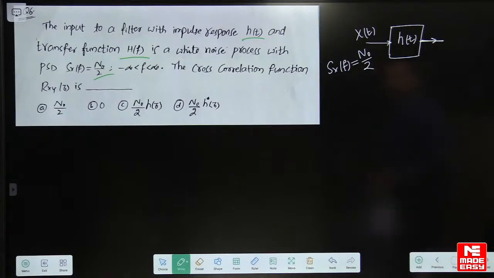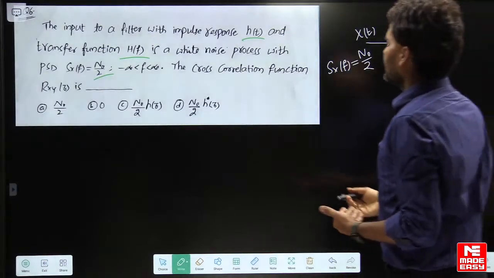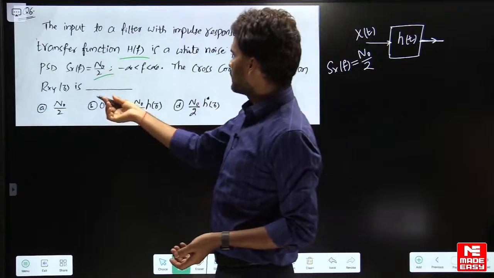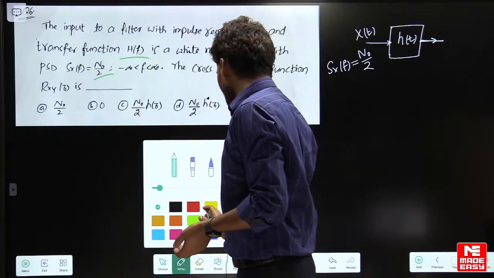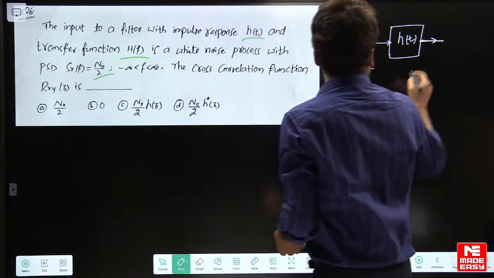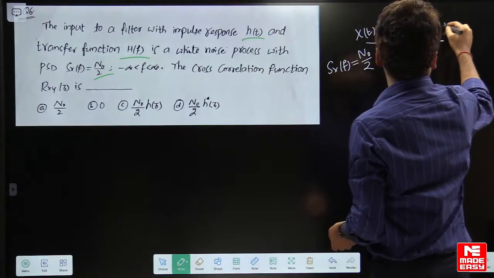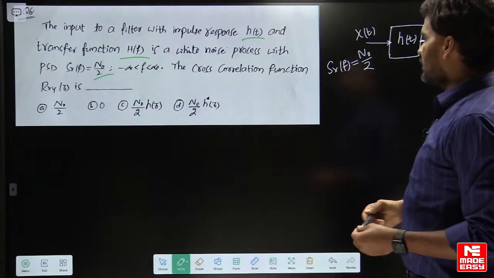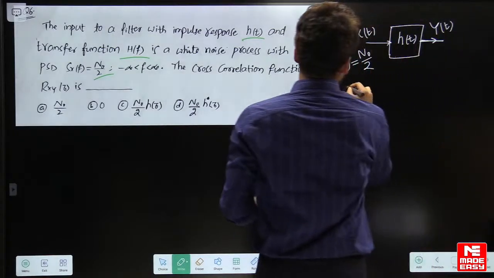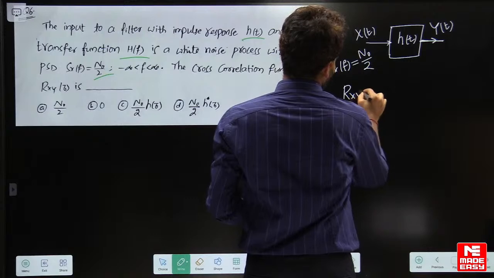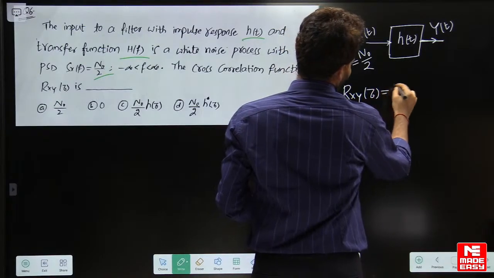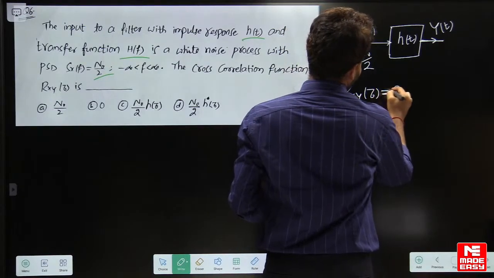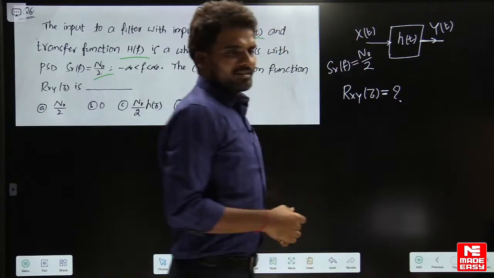Then the cross correlation function Rxy tau will be, so here the output of the filter is yt. Now the cross correlation function Rxy tau we have to find out.